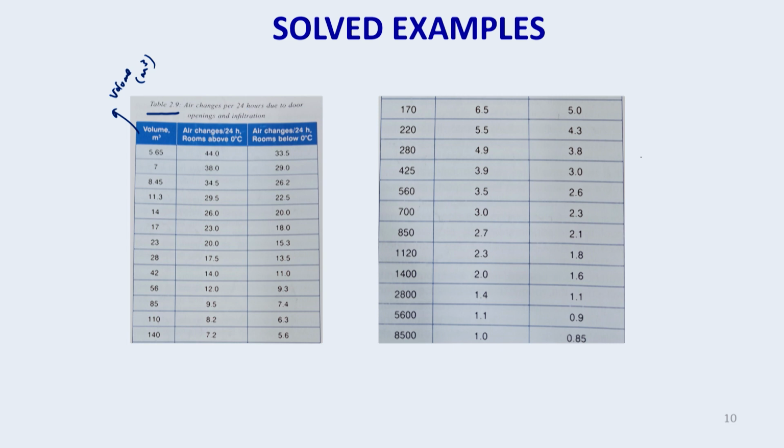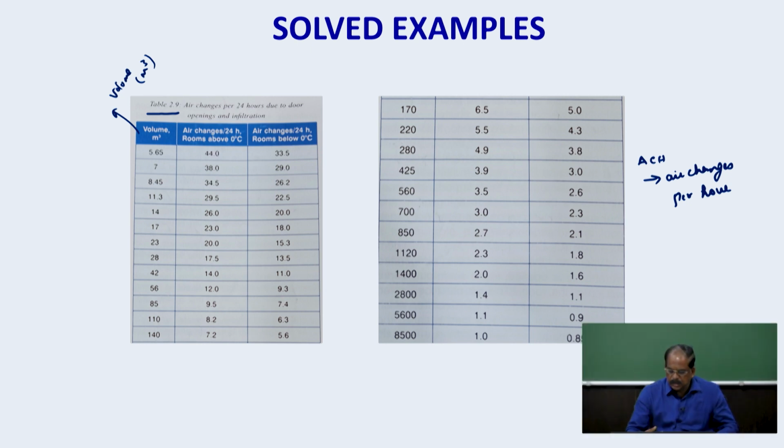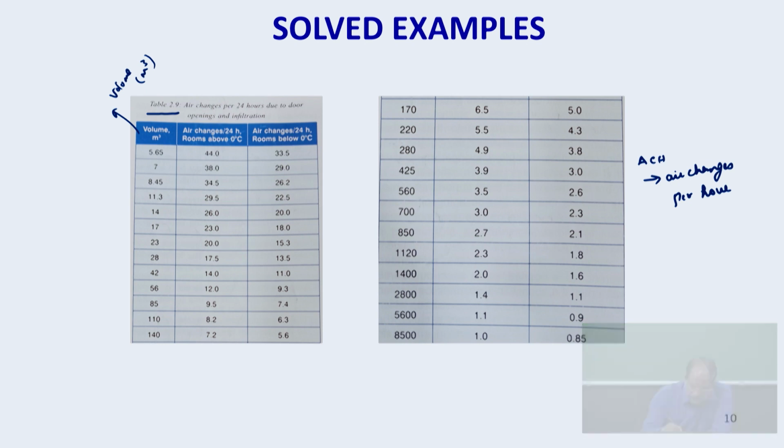There is a term called ACH, that means air changes per hour. This is normally used when we are calculating the ventilation load. It is how many times the air is changed per hour. So the second column is the ACH value, and this is also ACH.